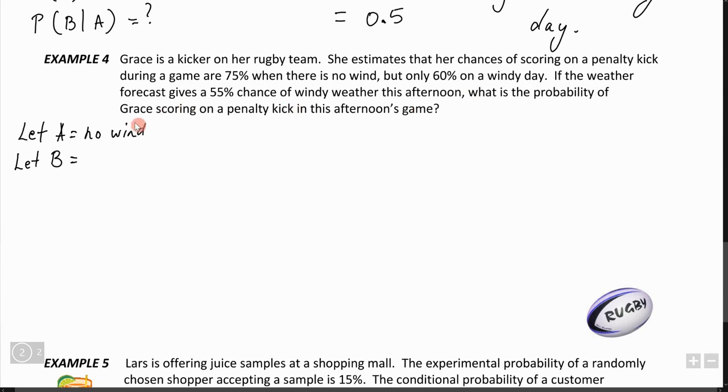So we're not just doing events of wind and no wind, we have to look at the probability of her scoring. Okay, so I'm going to say event B is her scoring a goal.